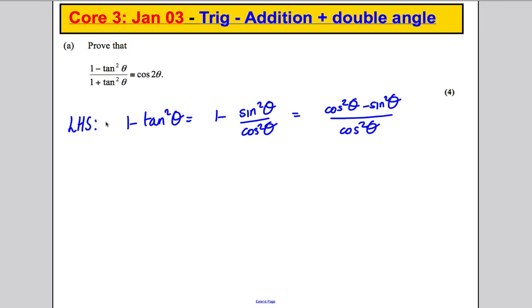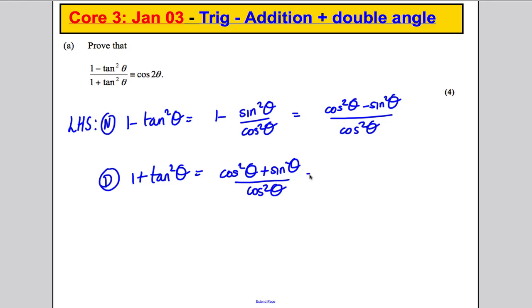Okay, that's the numerator. What about the denominator? Well, 1 plus tan squared theta, by a similar piece of algebra, would actually turn out to be cos squared theta plus sine squared theta over cos squared theta, which would be 1 over cos squared theta.